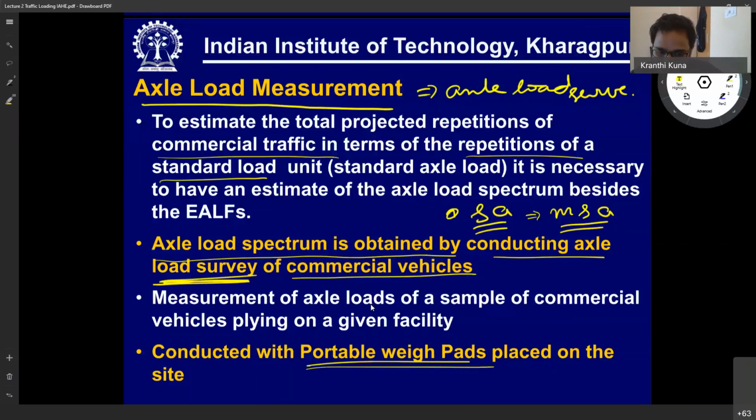Say for example, if it has 3 axles, one front axle and 2 rear axles, then you take the axle load weight of each axle and you note down the weights. Maybe I'll explain this one.